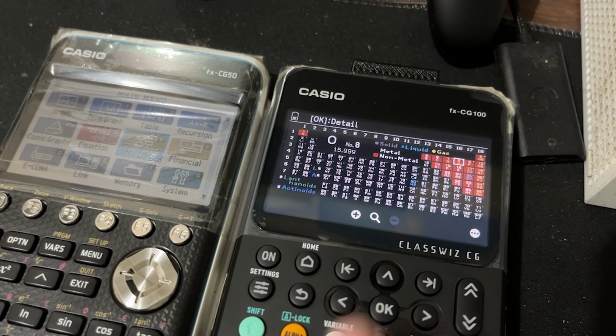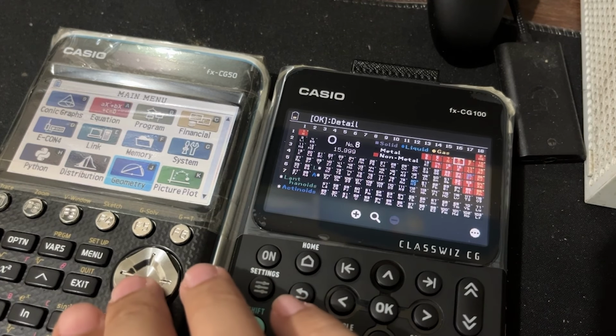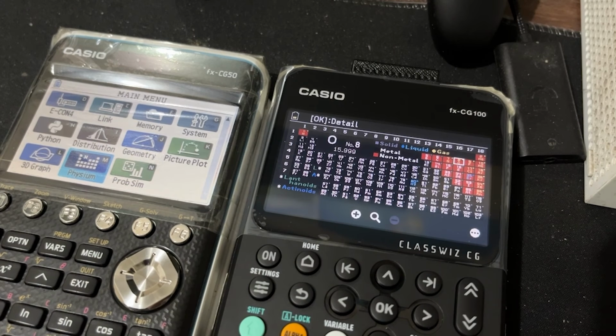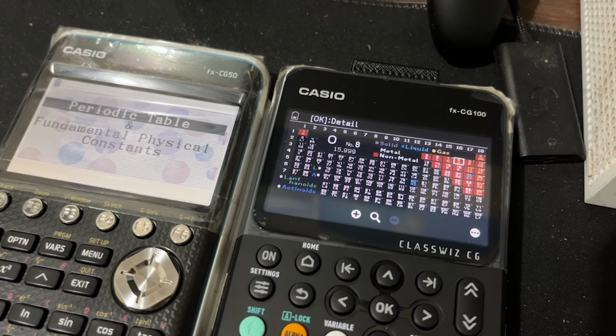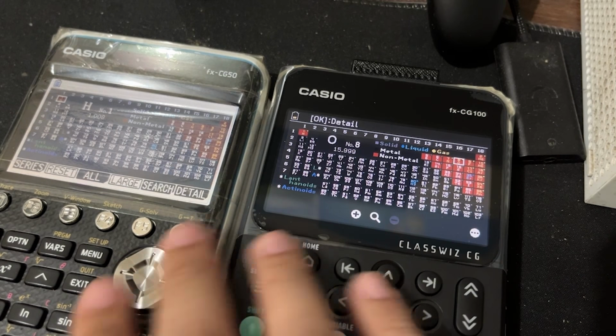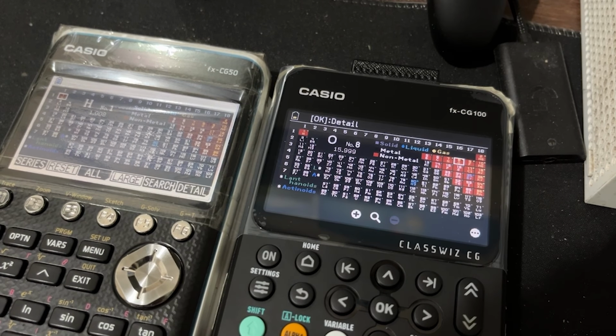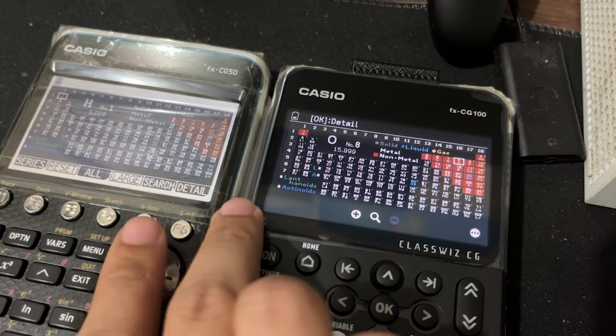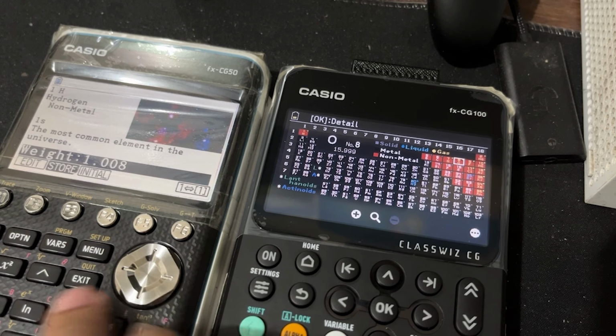Most of the layout is the same. Wow, the black one and the white one, the size of the screen is the same.